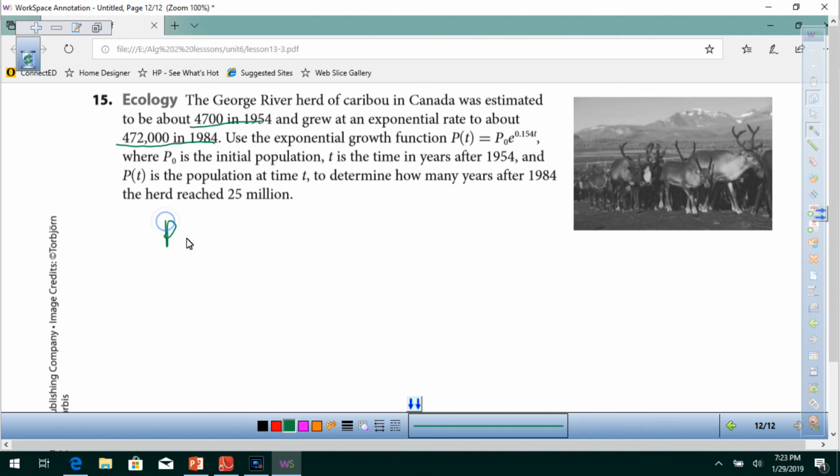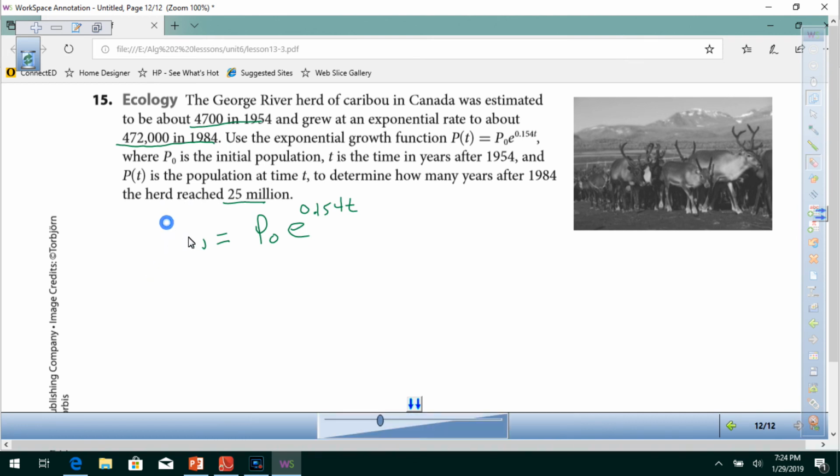So we're going to use P of T equals P sub 0 e to the 0.154 T, where P sub 0 is the initial population and T is the time in years after 1954, and P of T is the population at time T. Determine how many years after 1984 the herd reached 25 million.